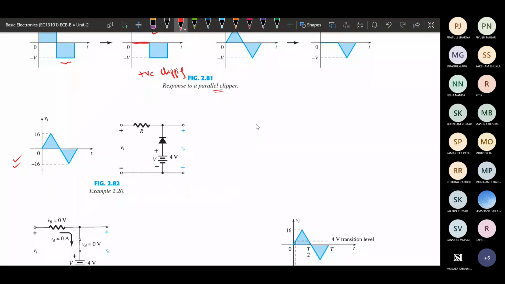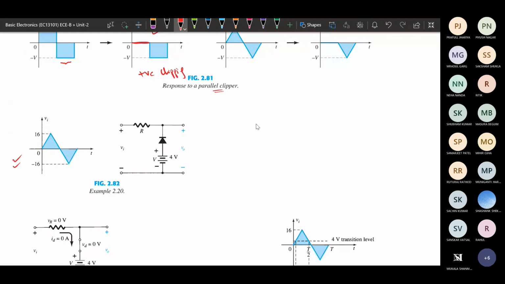So whenever we apply a positive voltage to the input, this will be like reverse biasing. But initially it has some voltage. Suppose we have a diode connected in this configuration, and we are applying the input.